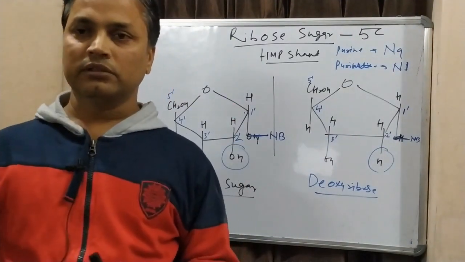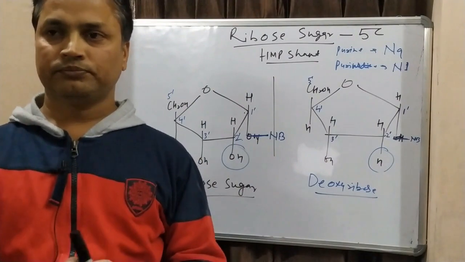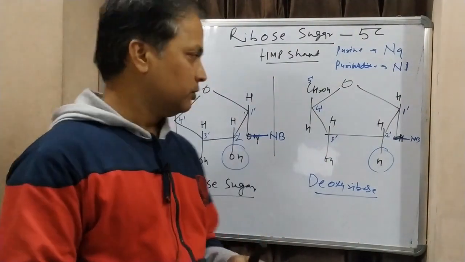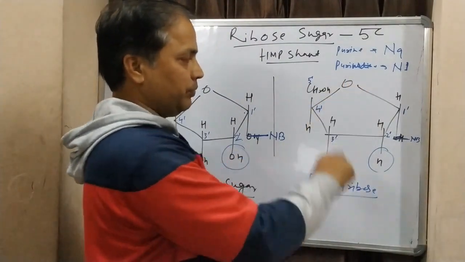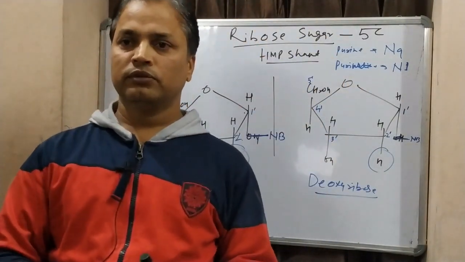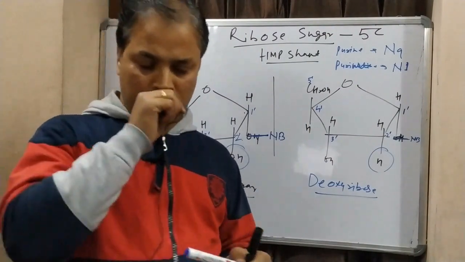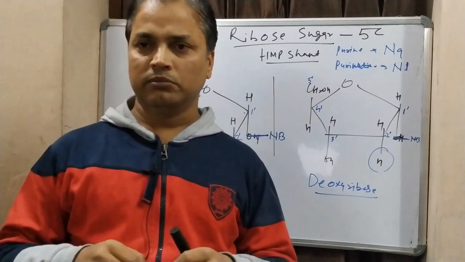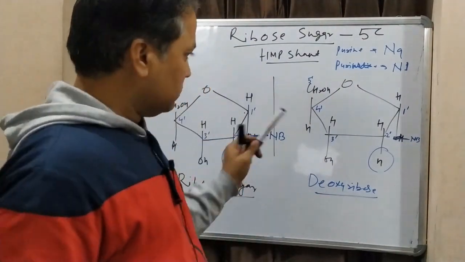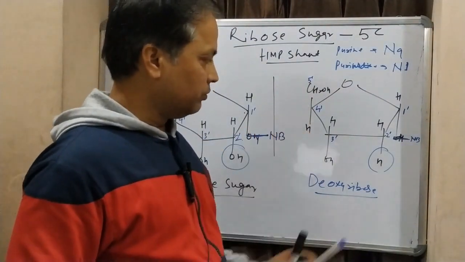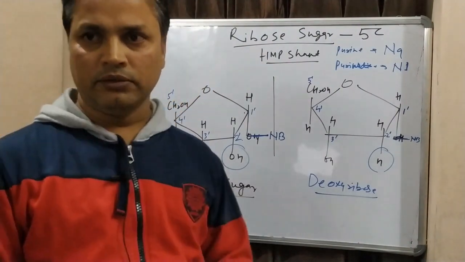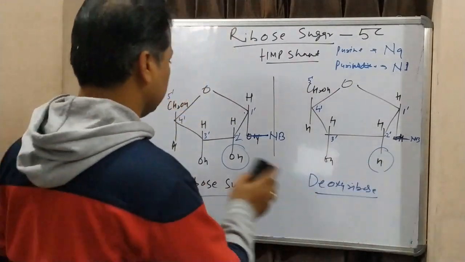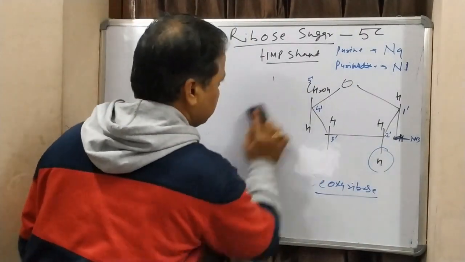In pyrimidine it is nitrogen 1. These two are bound through glycosidic bonds. Now this CH2, if you see the structures, we will look at them one by one.